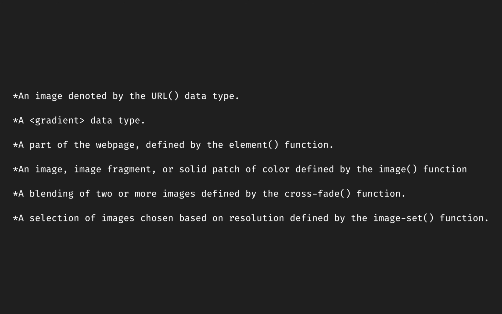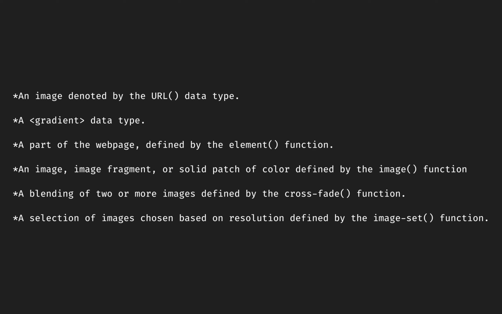An image data type can be represented with any of the following: an image denoted by URL, a gradient data type, a part of the web page defined by element function, an image fragment or solid patch of color defined by the image function, a blending of two or more images defined by crossfade function, a selection of images chosen based on resolution defined by image set function.